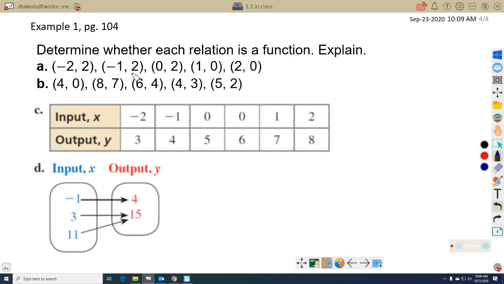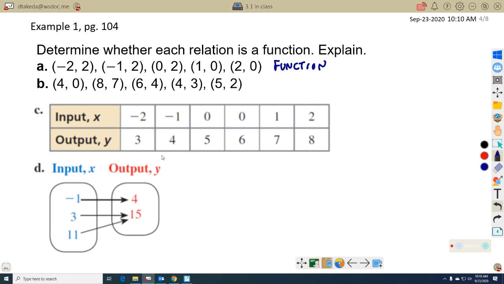But that's okay, because we'll look at what is not a function in a second. I'm just going to tell you this is okay, because 0 always goes to 2. Let's use that word. 1 always goes to 0, and 2 always goes to 0. -1 always goes to 2, -2 always goes to 2. So this is a function. And the explanation, again, is every member of the domain only goes to one member of the range.